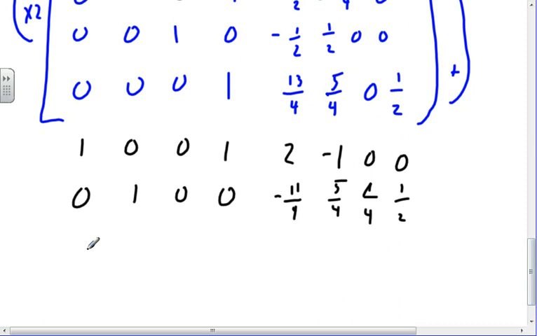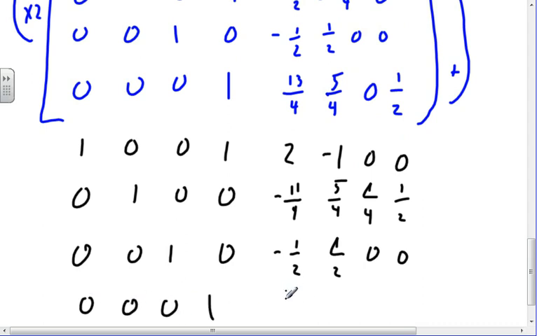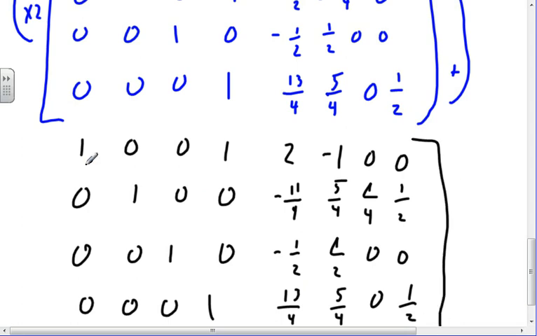Okay, we're keeping this guy. 0, 0, 1, 0. Minus 1/2. 1/2. 0, 0. 0, 0, 0, 1. 13 quarters. 5 quarters. 0, 1/2. We want to get rid of this guy. Last operation to do.